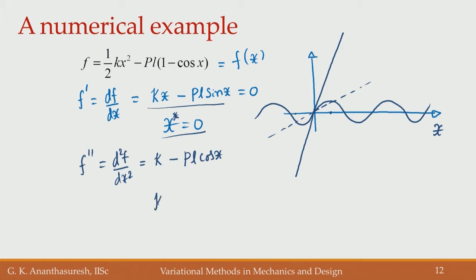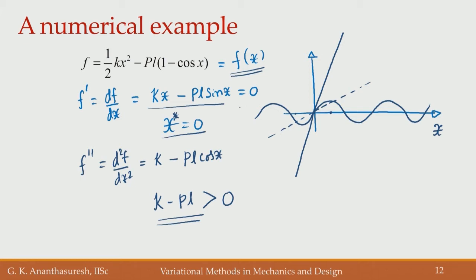So, k minus PL should be greater than 0 for this point to be a minimum of this function. As I increase P, at some point, k chosen is larger than P times L for some value of P. As you increase P, at some point this will cease to be positive, in which case this point, which is a minimum until then, will cease to be a minimum, and when it becomes negative, it is going to become a maximum according to our sufficient condition.